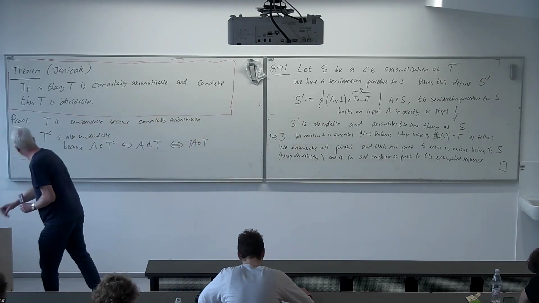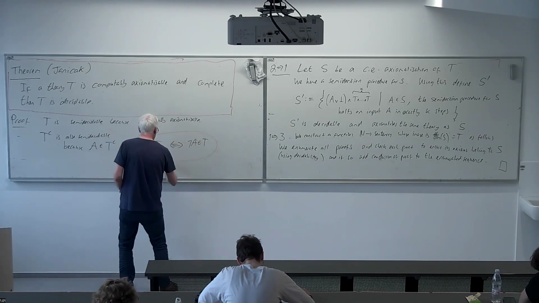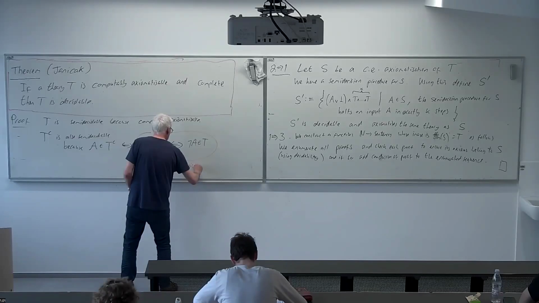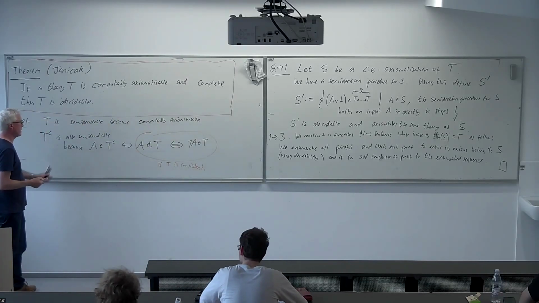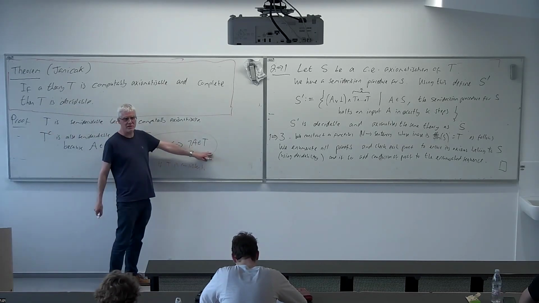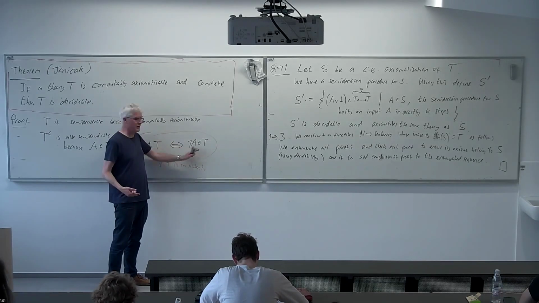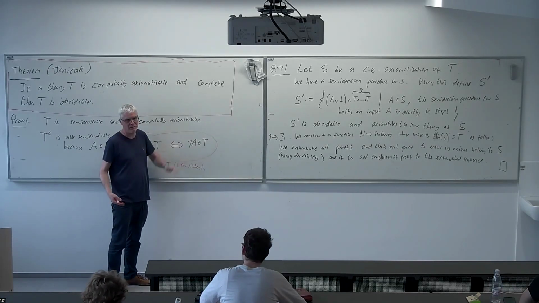But we can semi-decide whether not A belongs to T, because we can semi-decide membership of T. We just give not A as an input, and we wait to see if we get yes as an output.